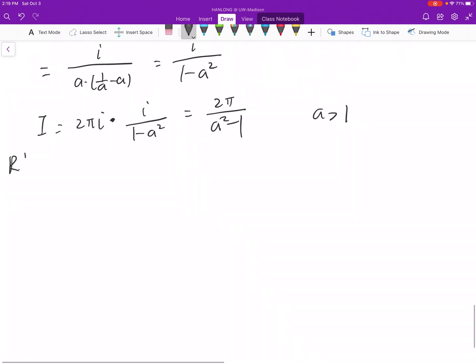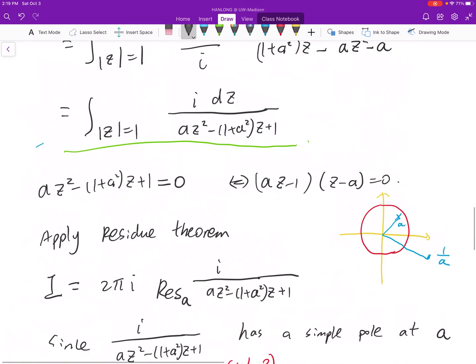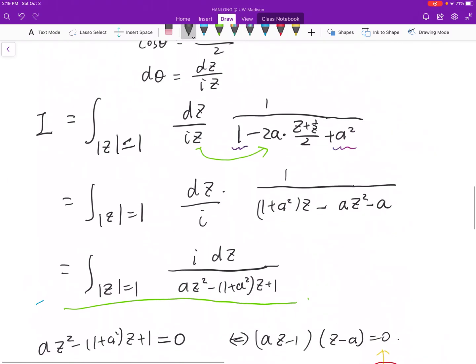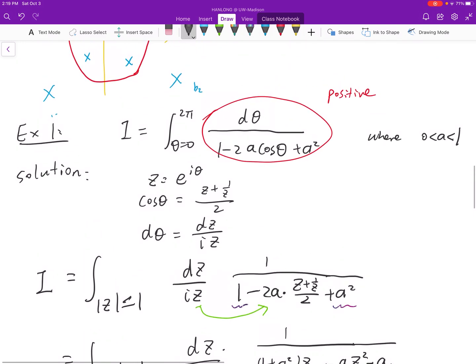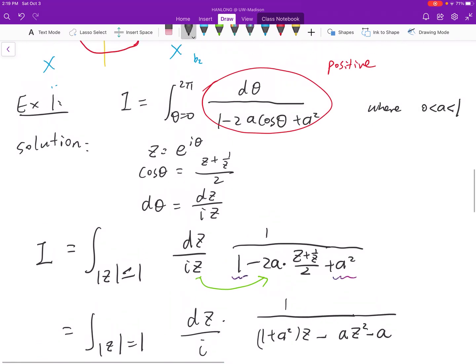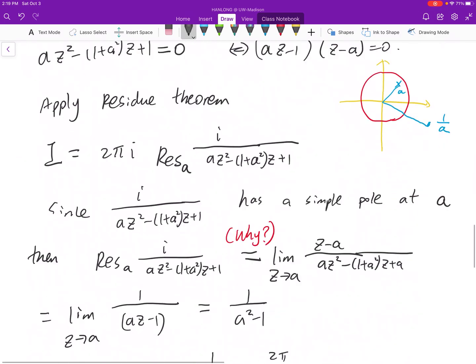Okay, and then a small question is, what about the critical points? If a is 0, then it's trivial, and if a is negative, then you only need to translate theta by pi over 2 or pi, so they're the same.